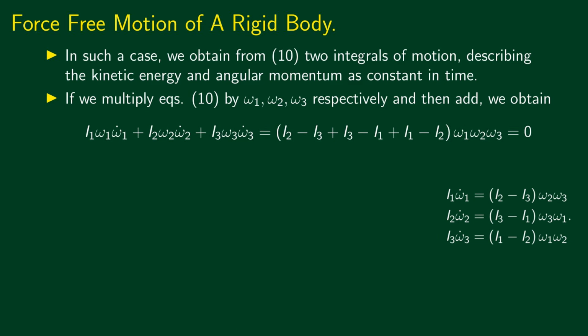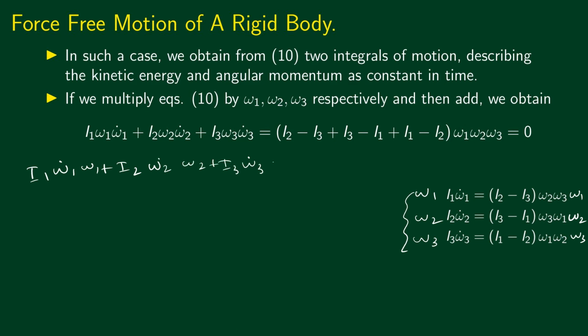Now let's multiply the first equation here by omega 1 on both sides, the second one by omega 2 on both sides, and the third one by omega 3 on both sides, and add all these three equations. Then the left hand side would add up to I1 omega 1 dot omega 1 plus I2 omega 2 dot omega 2 plus I3 omega 3 dot omega 3.